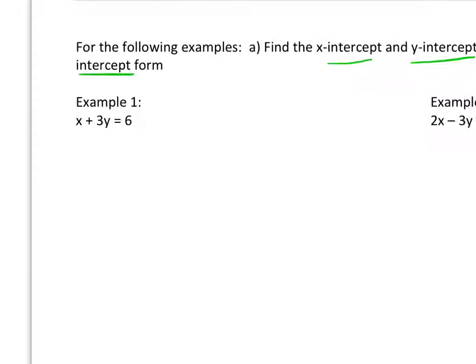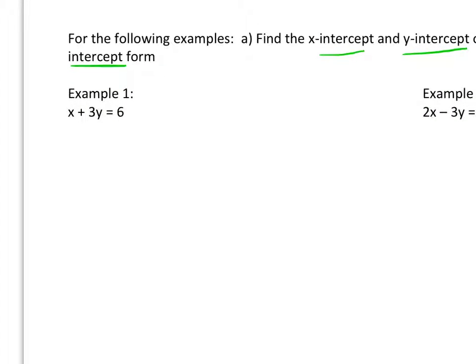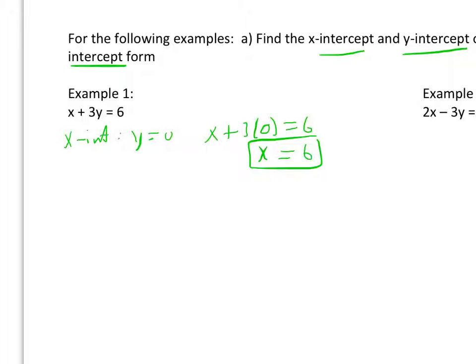Okay, so first of all, to find the x-intercept, we need y to be 0. So if y is 0, then we have x plus 3 times 0 equals 6. 3 times 0 is 0, and you get x equals 6. This is the x-intercept.